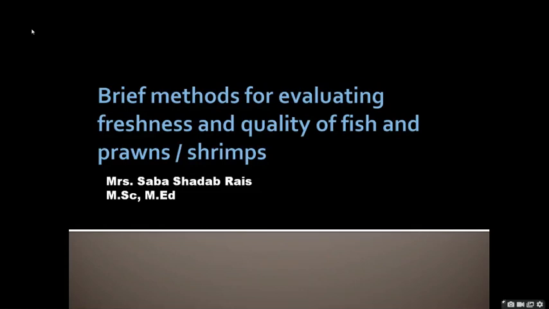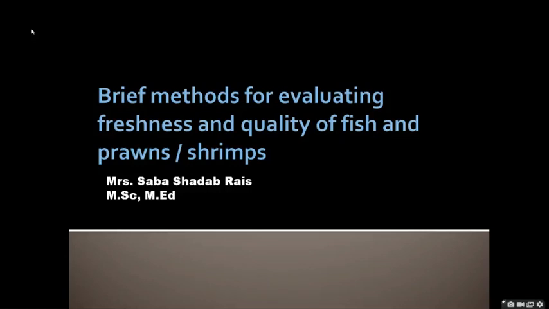Now freshness means there are various phases of freshness that we have already learned. So how can we evaluate how old or how stale the fish is? We will learn the quality of fish, and we have also learned that once the fish leaves its rigor mortis stage, chemical changes start occurring in the flesh of the fish.